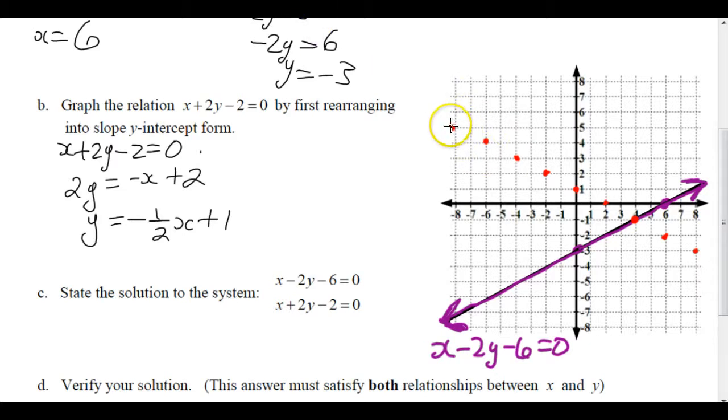Okay, let's draw the line. That gives us an arrow. Let's draw the line the other way. So we've got an arrow, and then let's really draw the arrows.